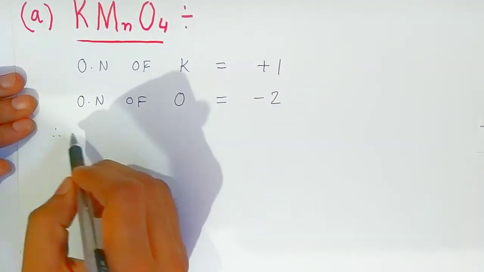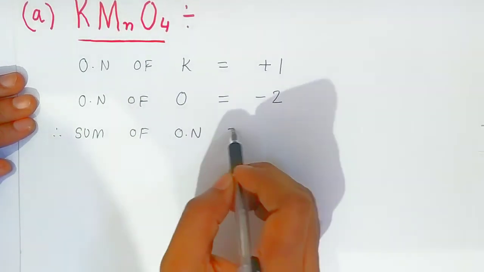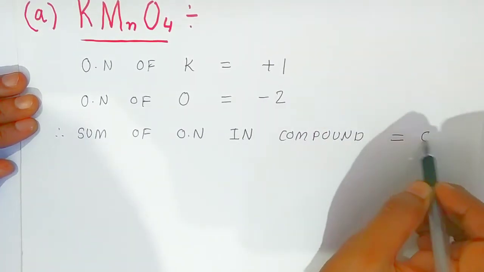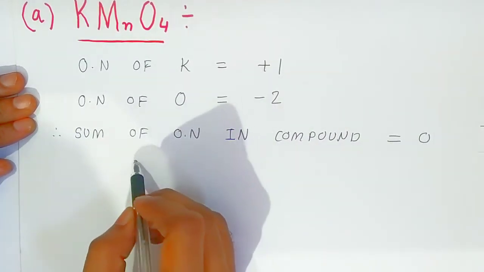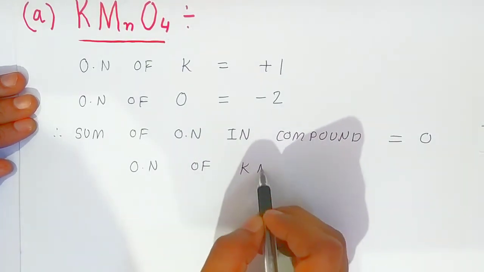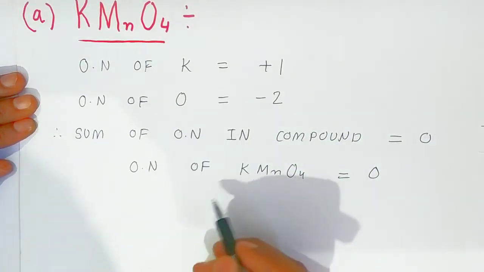Now you know the sum of oxidation numbers in a compound we take as 0. We are finding the oxidation number in the compound KMnO4. There is no charge, so we take 0, correct students, because it is a compound.